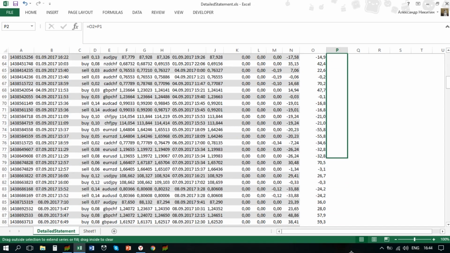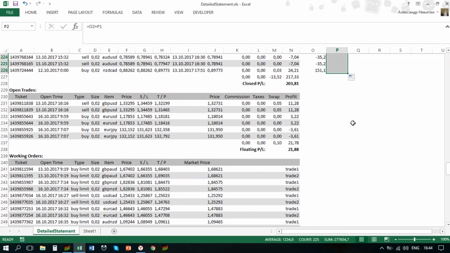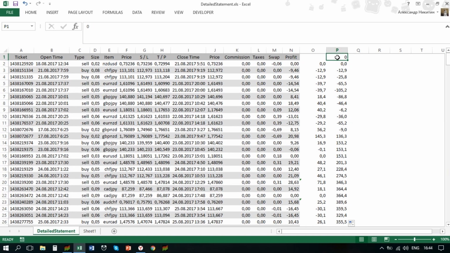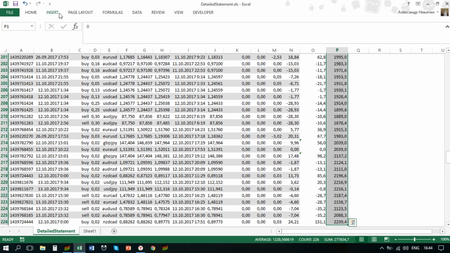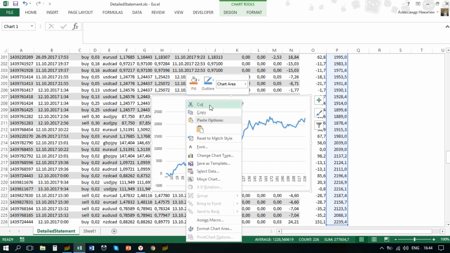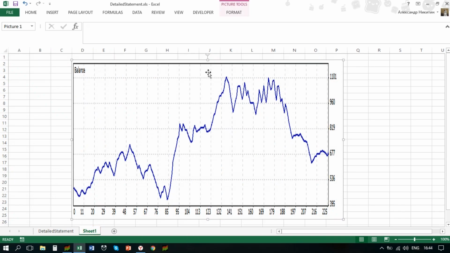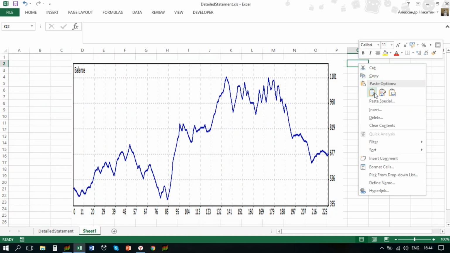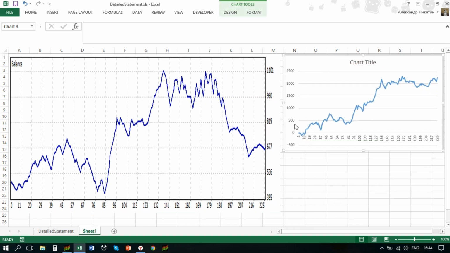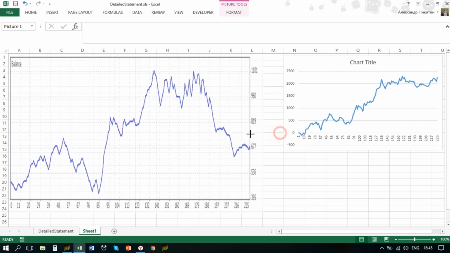If I stretch that to the downside, I will have the total amount of pips, so 2,239. Let me make the graph for that. Insert here. Perfect. Here's the graph. I will cut it and place it here. Paste it.